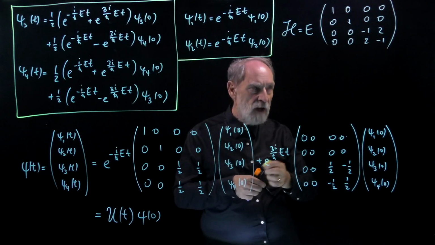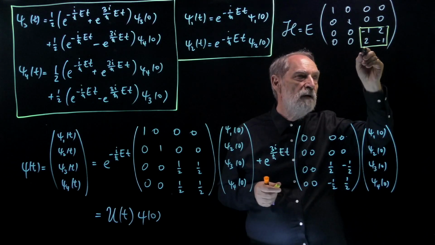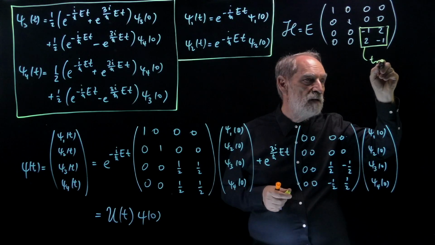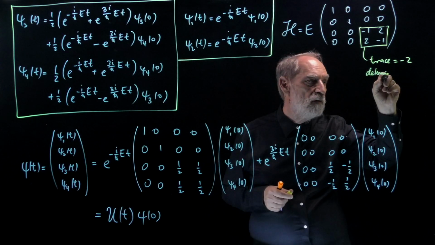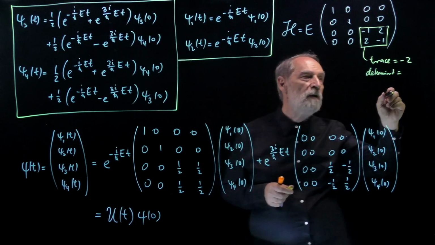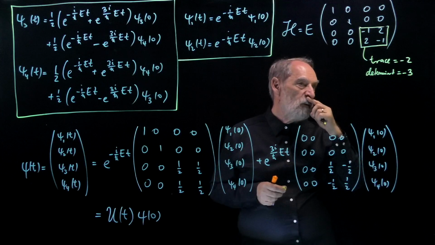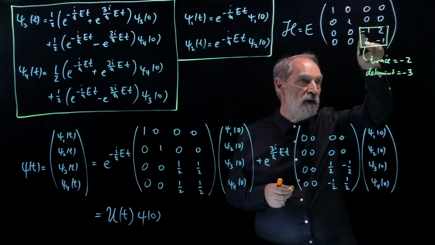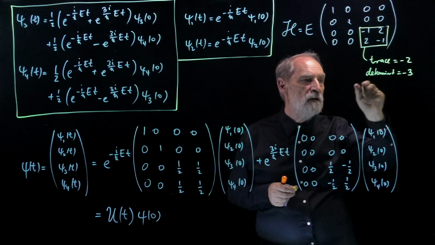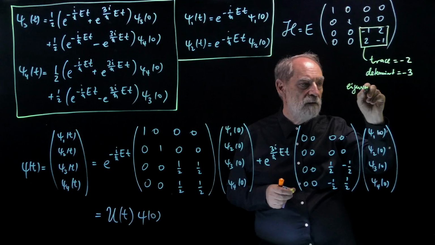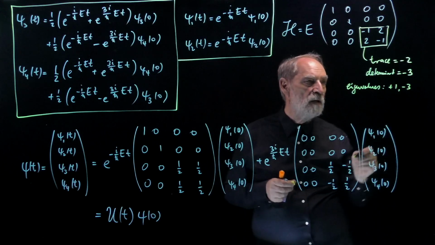If I just look at this 2 by 2 matrix, it has a trace which is negative 2 and a determinant that is equal to negative 3. And so the eigenvalues of this sector must be such that they add up to minus 2 and the product is minus 3. So the eigenvalues are plus 1 and negative 3.